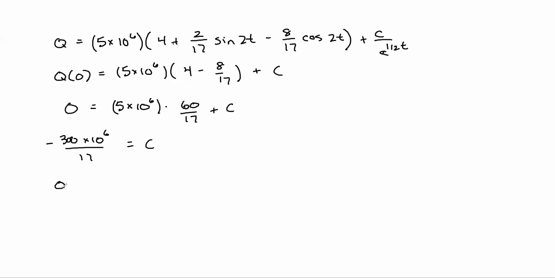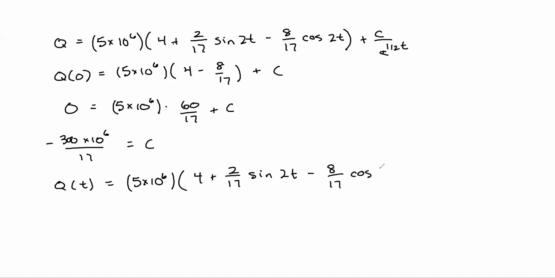And then plug that back in, and you get q of t equals 5 times 10 to the 6th times 4 plus 2/17 sine 2t minus 8/17 cosine 2t minus 300 times 10 to the 6th 17ths e to the negative 1/2 t.